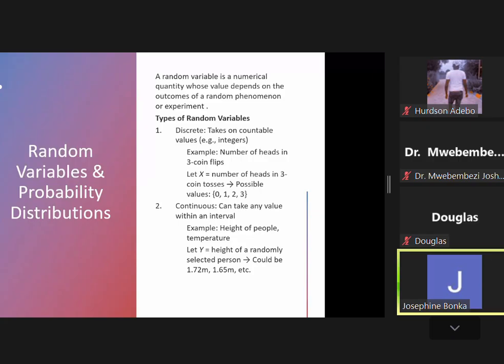I have here generic examples of random variables. I'm flipping a coin. That's for discrete. When you're flipping a coin, you expect two answers. For example, I said number of heads in 3 coin flips. Each time you flip a coin, how many times do you get the head?